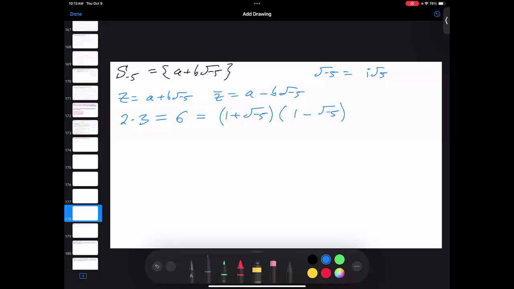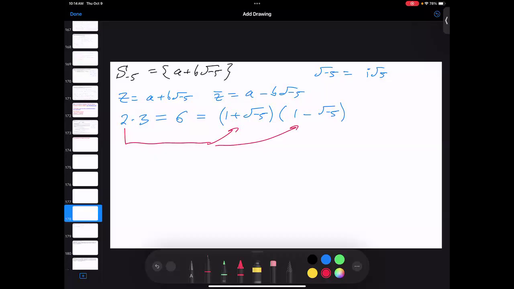So what should be true about this number 2? What would you hope is true? Well, if you think back to integers, if a prime divides a product, it's got to divide one of the factors. So does 2 divide one of these?